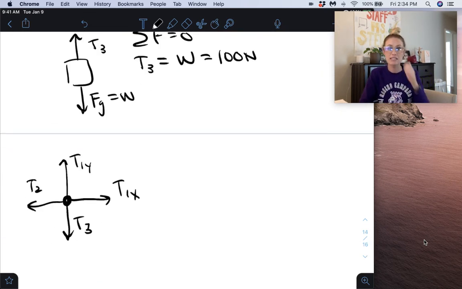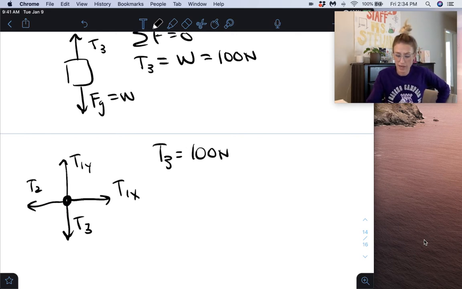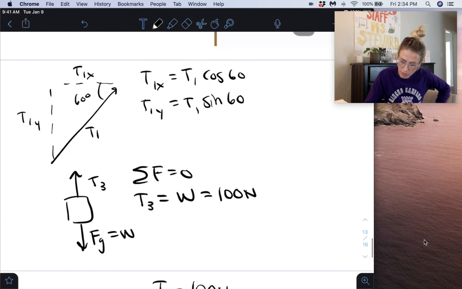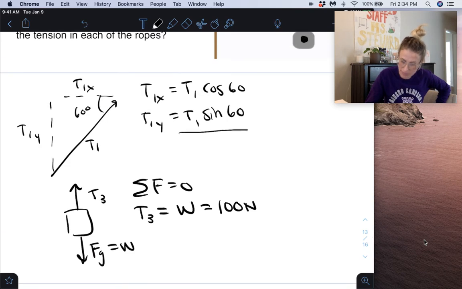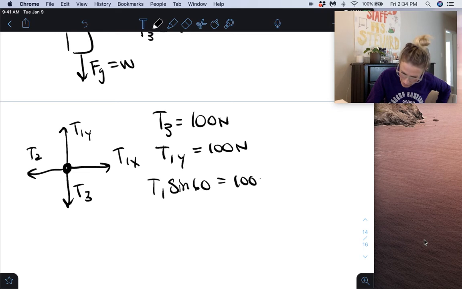Now we can already see that we can solve for T1y, or T1, because we know what T3 is. Since T3 is equal to 100 newtons, and again, forces are balanced, that means T1y equals 100 newtons. We know that T1y is T1 times the sine of 60. We can then set that equal to 100 newtons. So T1 times the sine of 60 is equal to 100 newtons.